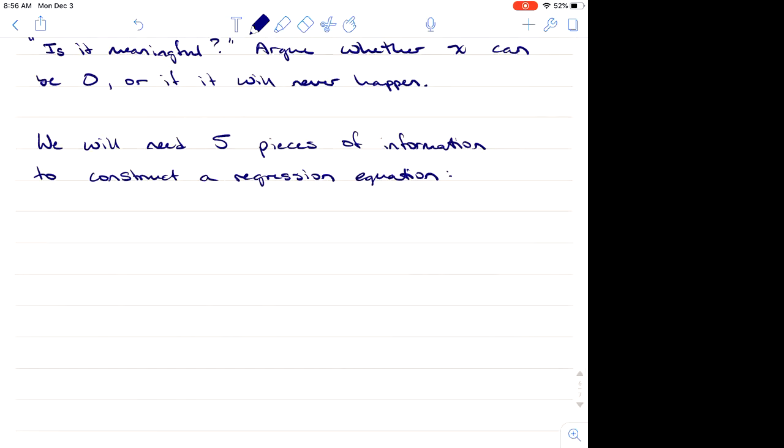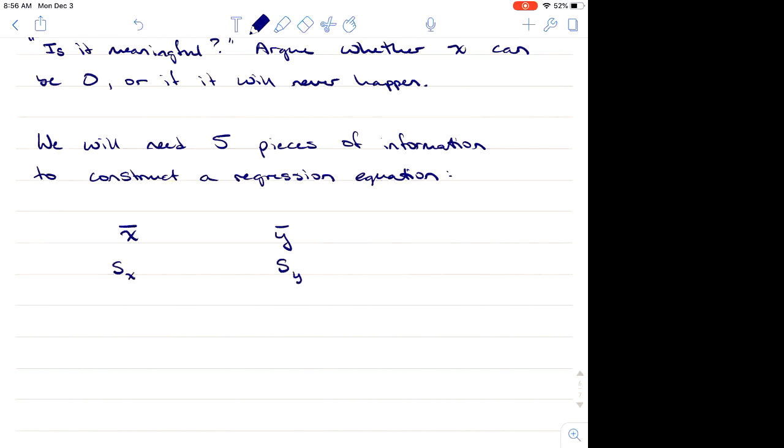So we need to know X bar. You need to know Y bar. Right? The sample mean of the X's, the sample mean of the Y's. You need to know the standard deviation of the X's and the standard deviation of the Y's. Okay?